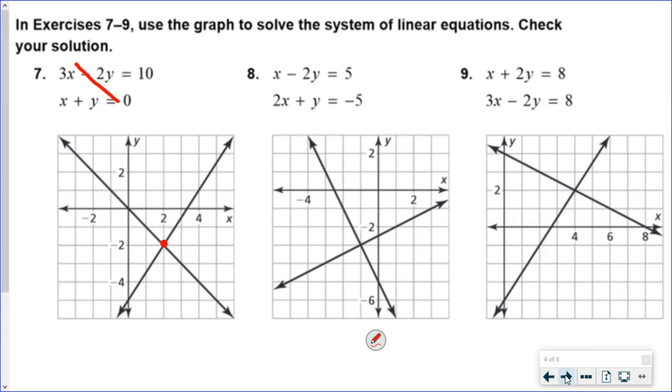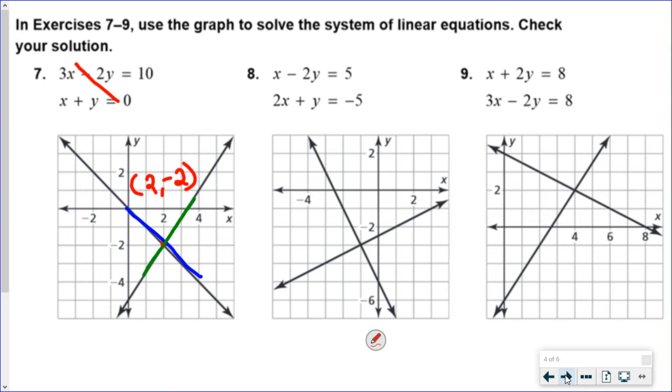Do you see they cross there? So since they cross there, that means that point is on this blue line, and it's also on this green line. And what is that point? It is 2, -2.